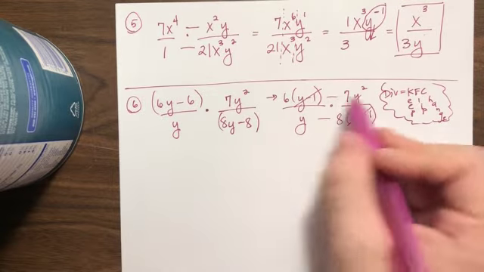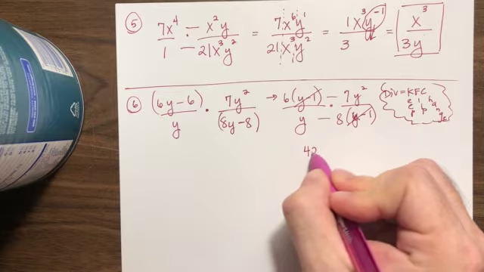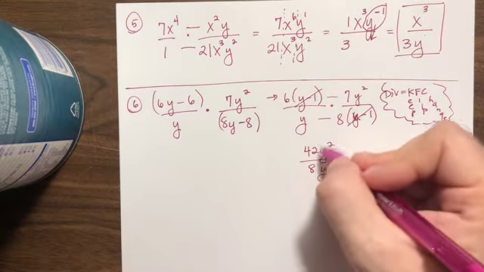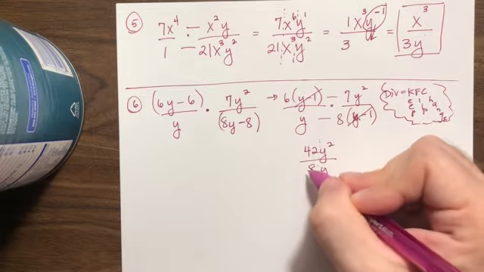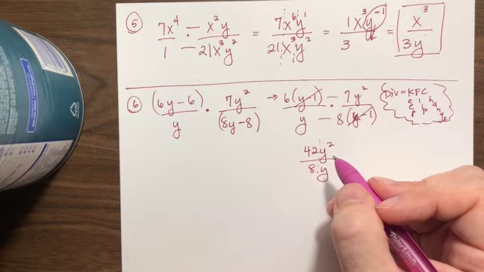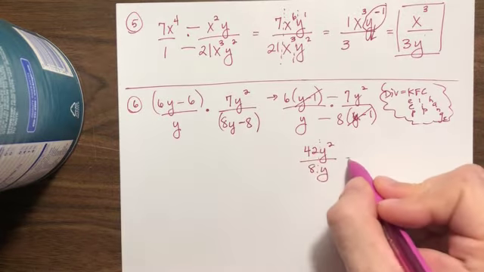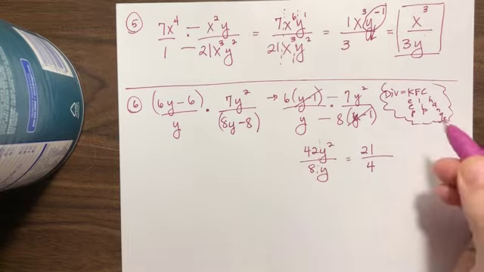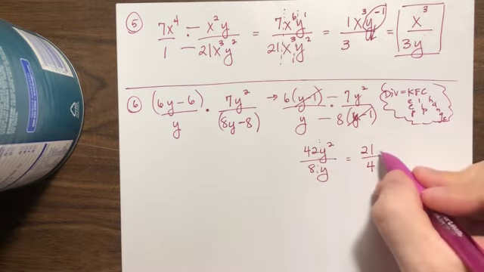So I go straight across, and I get 42y squared, and that's 8y. And then I do old school methods again. 42 divided by 8, that doesn't go evenly. Ooh. But 2, you can divide a 2 out of both, and that will give you 21 over 4. And then y squared over y is y.